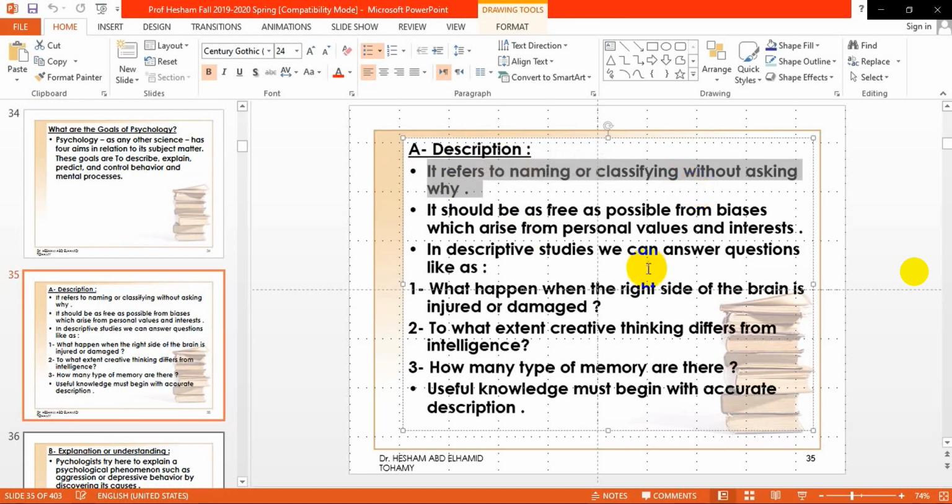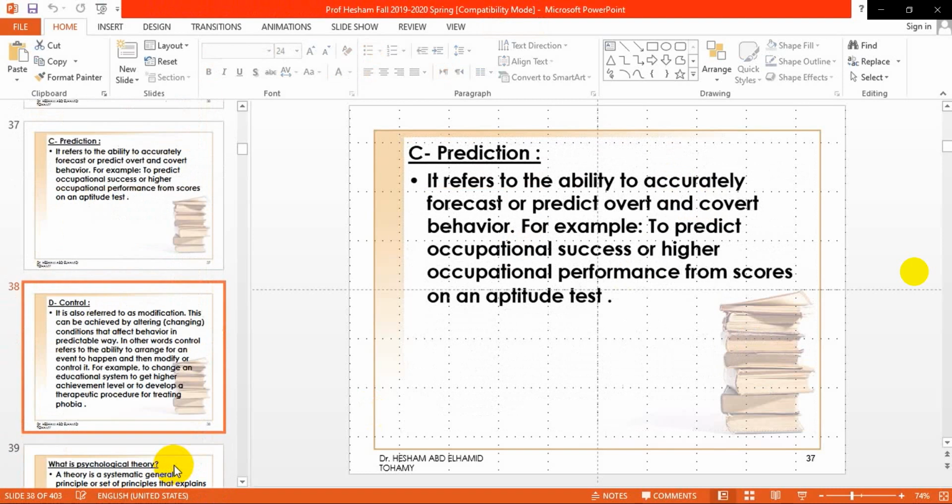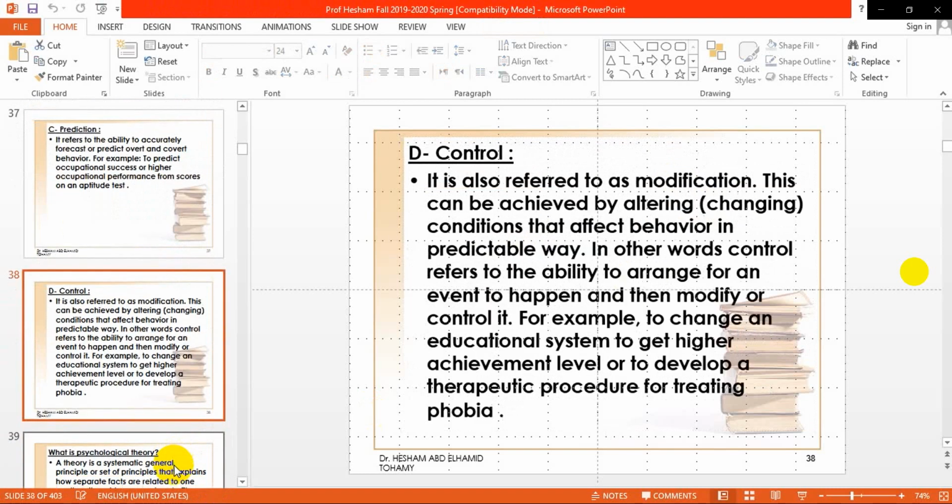What about the definition of control or modification? We have many definitions. Definition number one: it is also referred to as modification, and it can be achieved by altering or changing conditions that affect the behavior. And in other words, this is the second definition: control refers to the ability to arrange for an event to happen and then modify or control it.